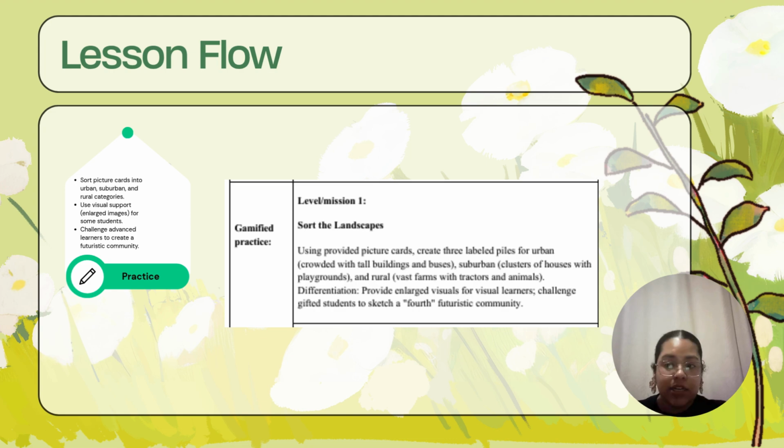Through this activity, students develop classification skills and begin to understand the characteristics of each environment. Differentiation is incorporated by providing visual support for some learners and an extension task for advanced students, such as imagining a new type of community, for example. I'm going to show you the images or visual aids that will be used for this.